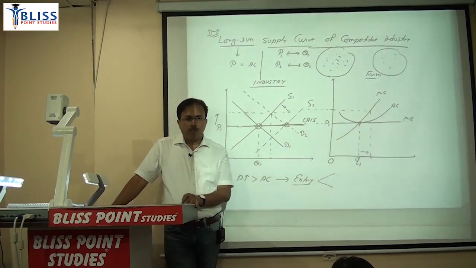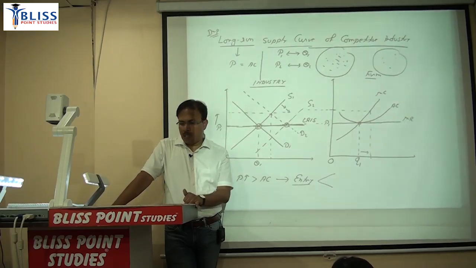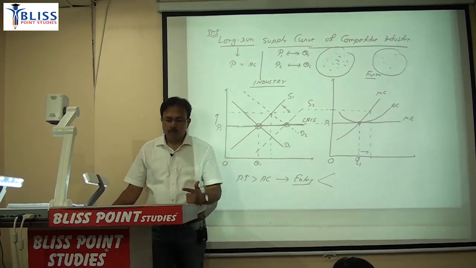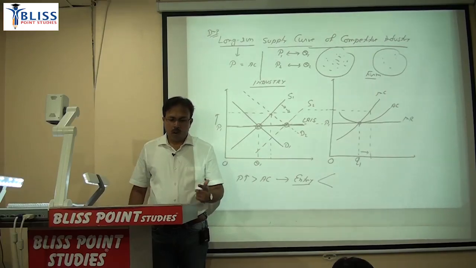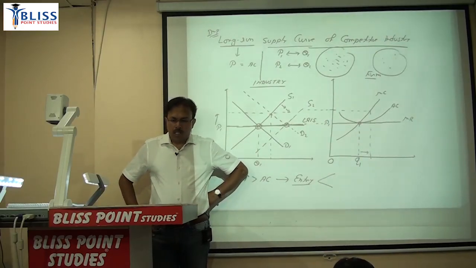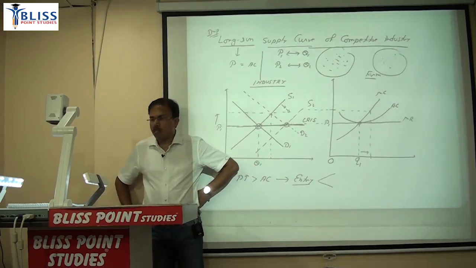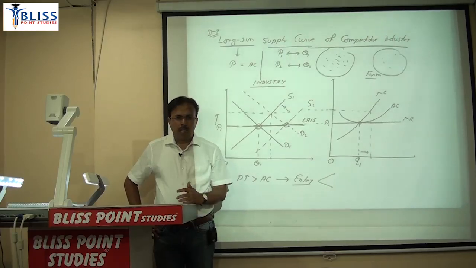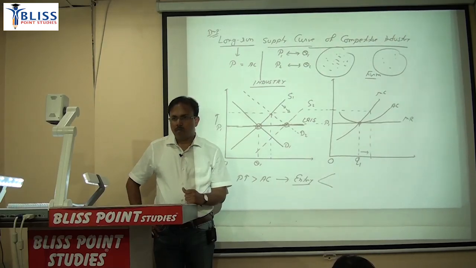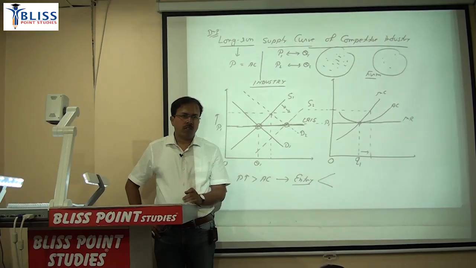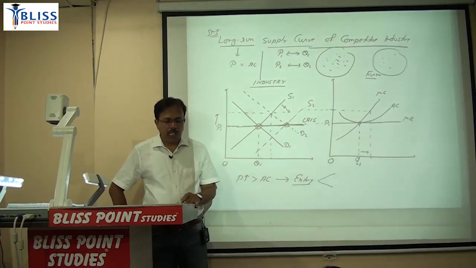Long run industry supply curve can be A, horizontal line, B, positive slope, C, negative slope, depending on whether there is A, constant cost industry, B, increasing cost industry, or C, decreasing cost industry.